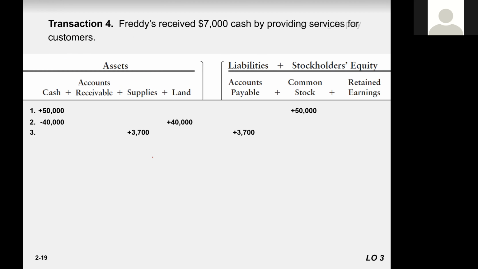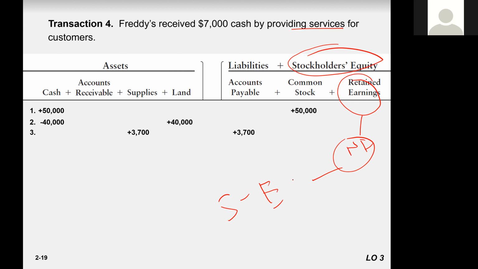Fourth, Freddy received 7,000 cash by providing services. So in the automotive industry, they are providing services for car repairing. These are their sales, and sales belong to retained earnings, through the indirect effect of net income, right? Net income comes from sales minus expenses.